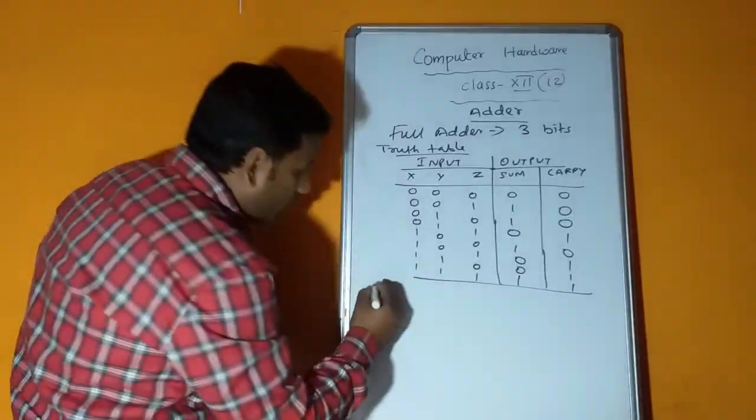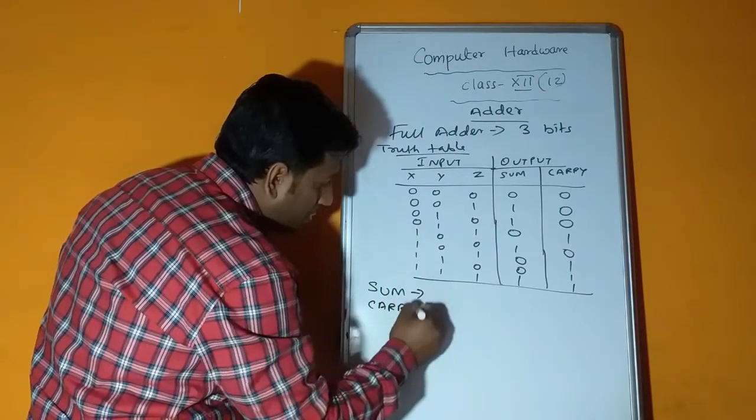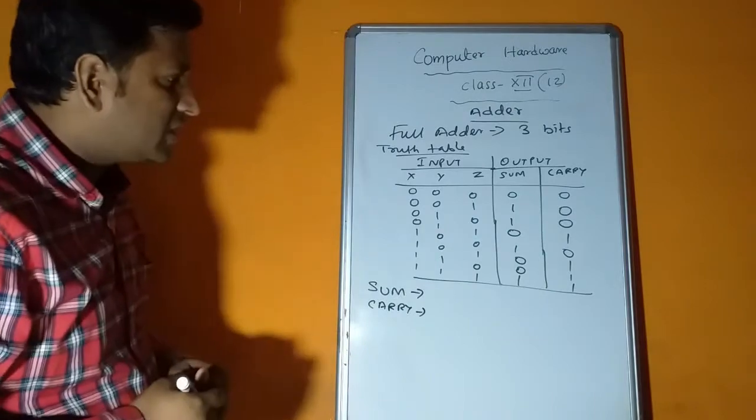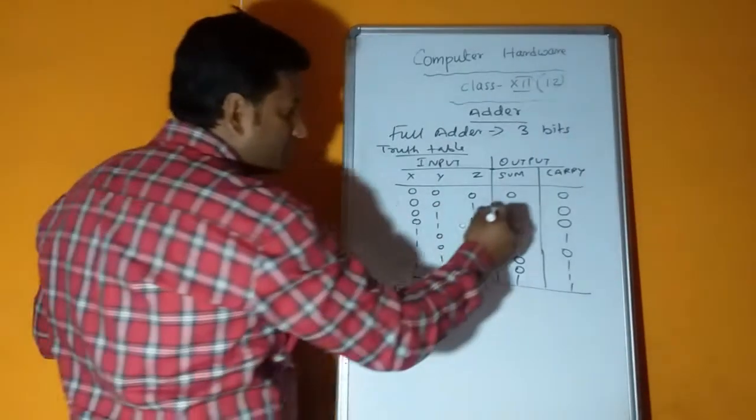Now Boolean algebra we have to take out, that is for sum and carry. So in the same way we have to consider this one part.